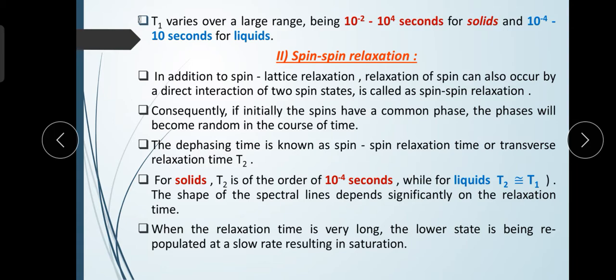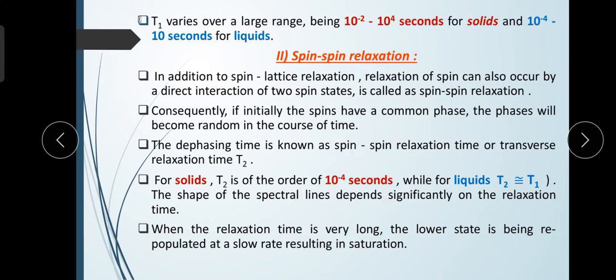That means the interaction between these two spin states and the relaxation process occurs. So due to this interaction between the two spins, this relaxation process is known as spin relaxation. Consequently, if initially the spins have a common phase, the phases will become random in the course of time.